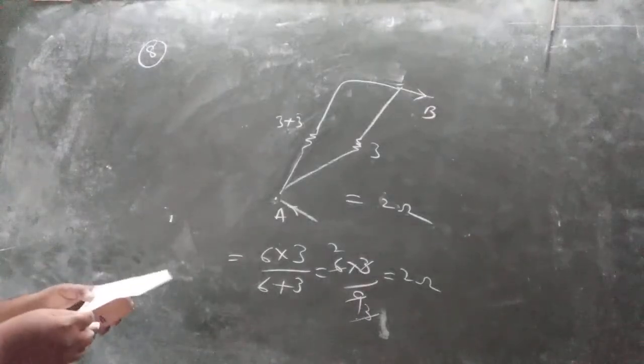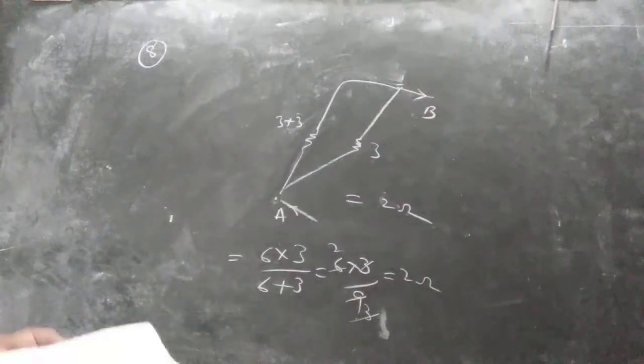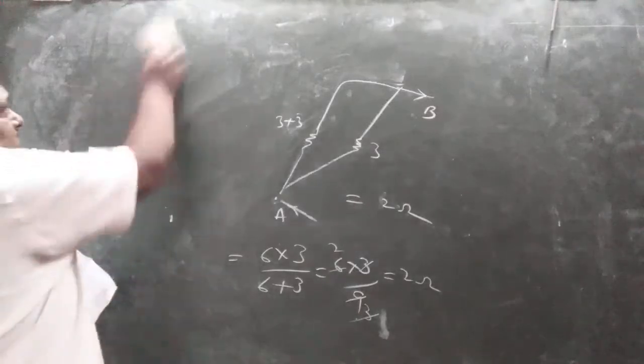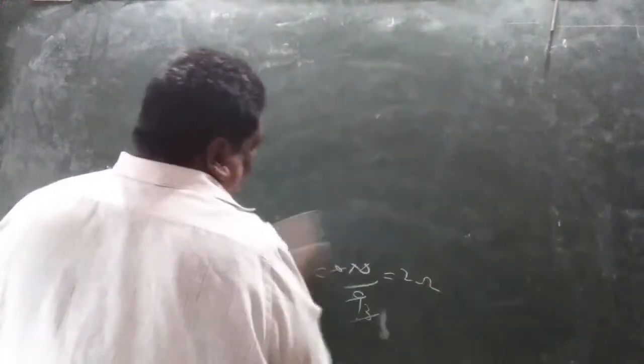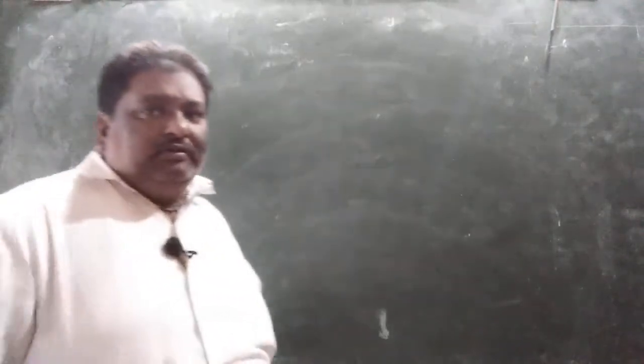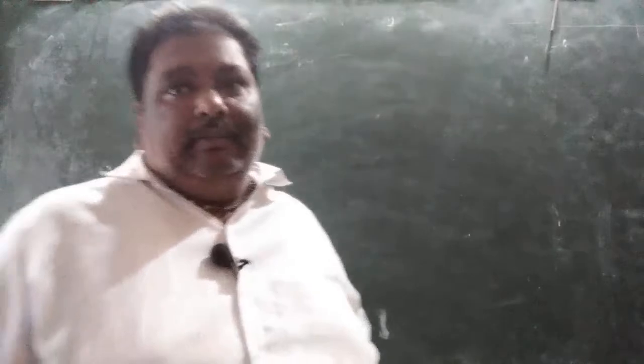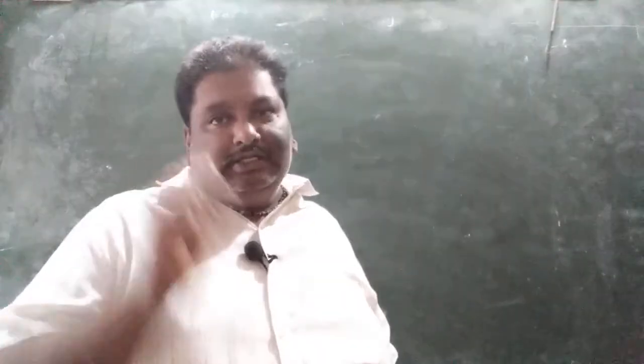Right, next. The least resistance that can be had from 6 resistors: the least resistance means we connect them in parallel, and the highest resistance means we connect them in series.